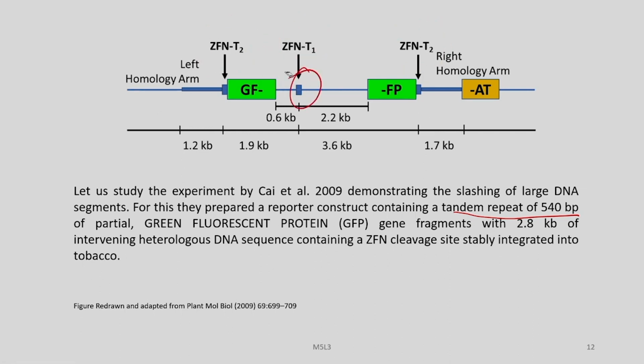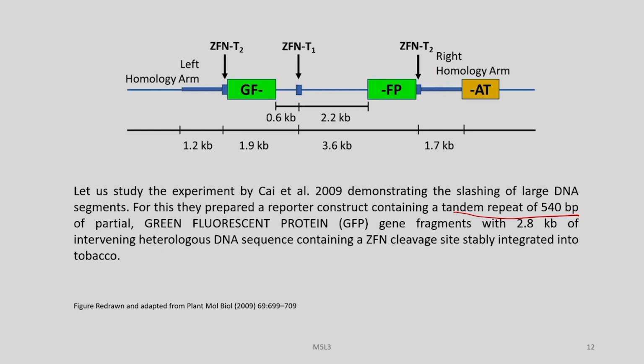You can see here the genomic distances, and this intervening sequence is around 2.2 plus 0.6, which is around 2.8 kilobases. In this entire construct you can see the left homology arm and the right homology arm.